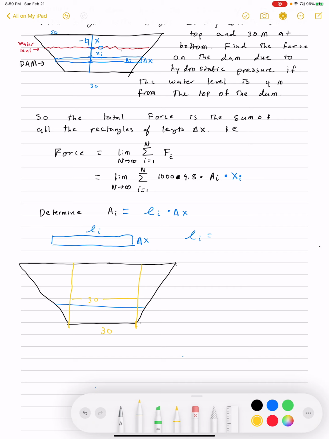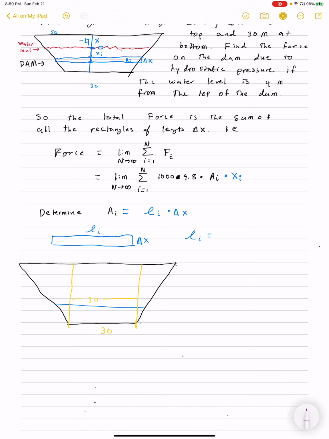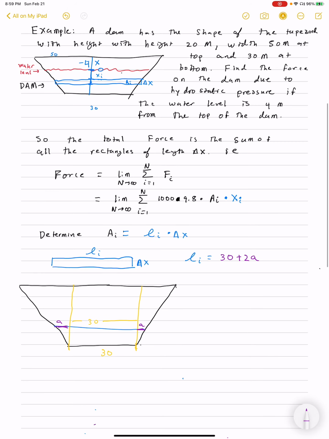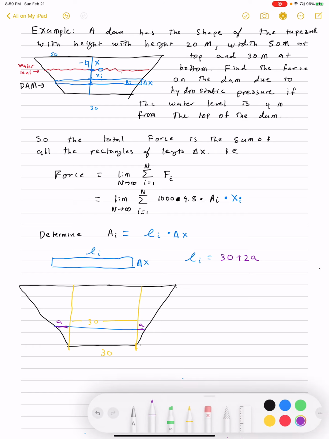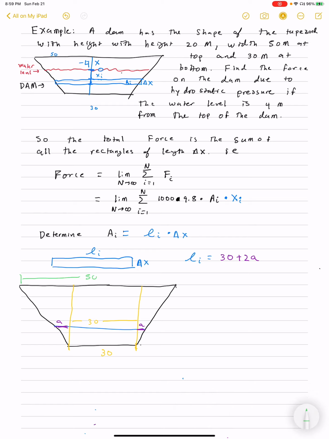Then I'm going to put in another variable, and that variable is going to be this width, A. So I think this length is going to have twice A, okay, 30 plus twice A. Now, the only thing we have to figure out is A. Now remember, the width at the bottom is 30. The width at the top here, from here to here, that's 50.